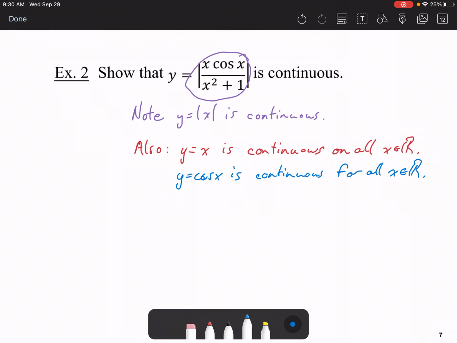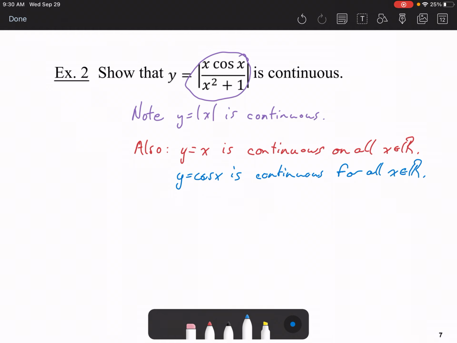And y equals x squared plus 1 is continuous for all x belonging to real numbers.